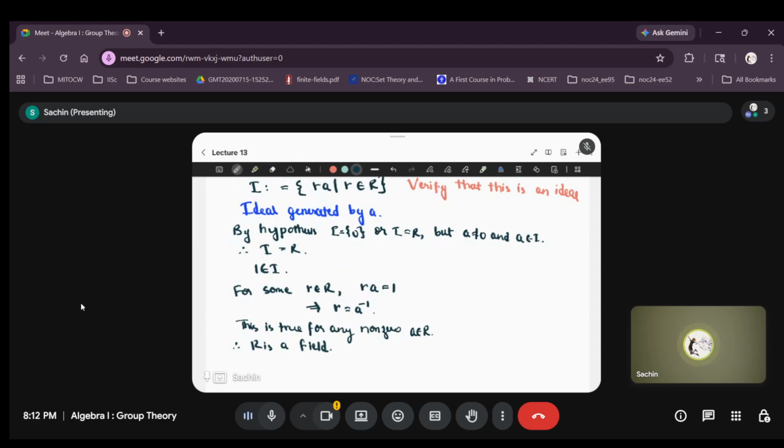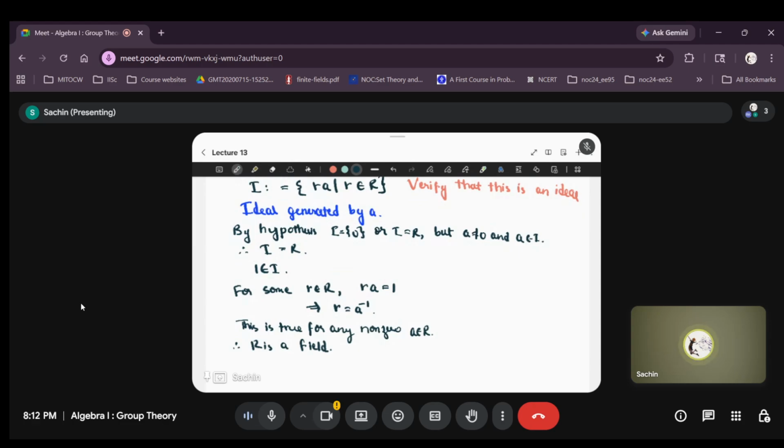So if you had a ring homomorphism from a field to a ring, what would happen then? The kernel of the ring homomorphism is an ideal of the domain.